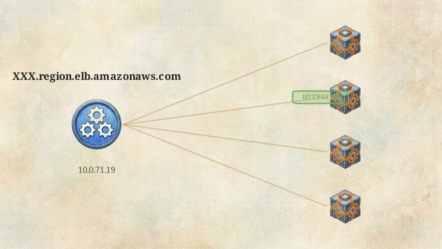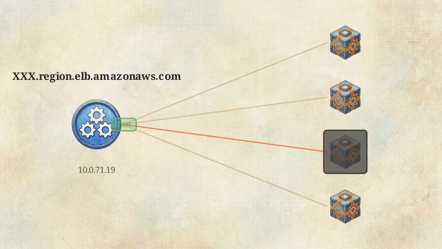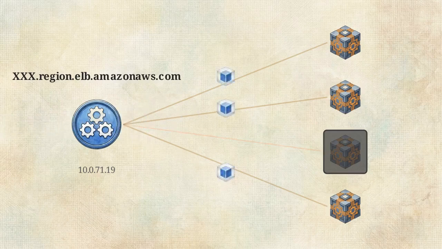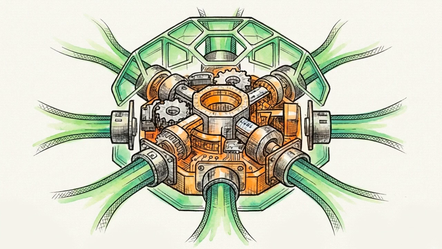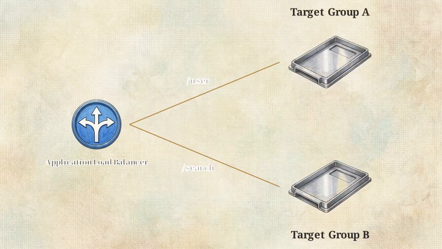To prevent routing to dead nodes, the CLB evaluates backend health utilizing TCP socket checks alongside Layer 7 HTTP response validation.